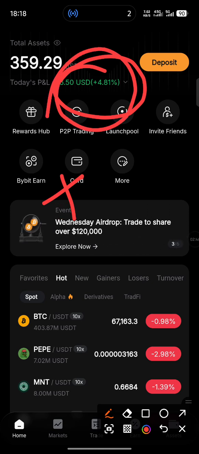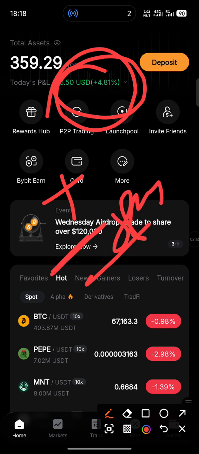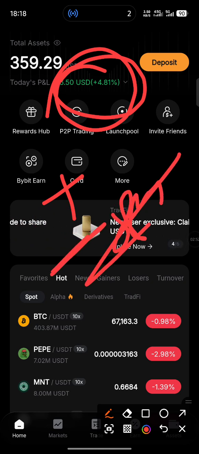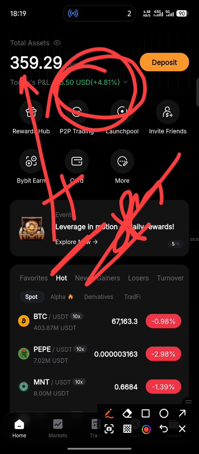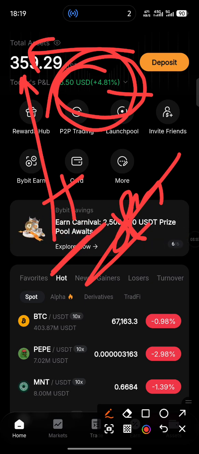But if you see this place reading negative with some red figures, it means you are losing the trade. You must understand this. And this figure of yours will be reducing. If you are gaining, and this place is green, this figure will be increasing. All right, so let's go carefully.